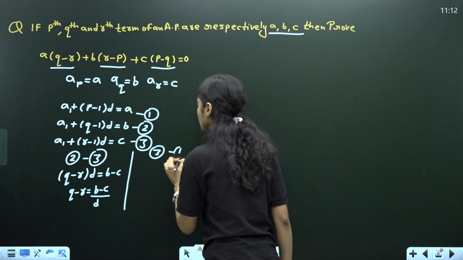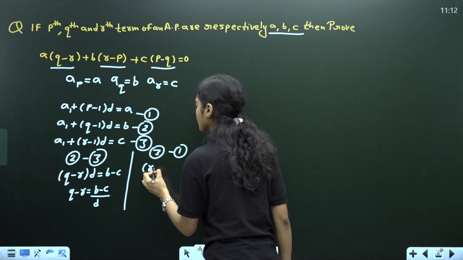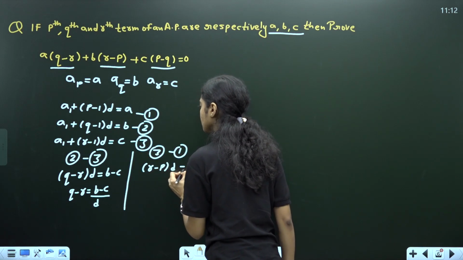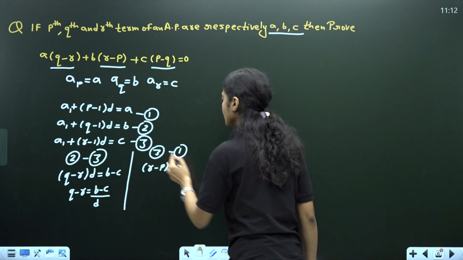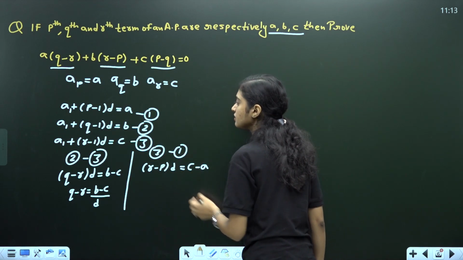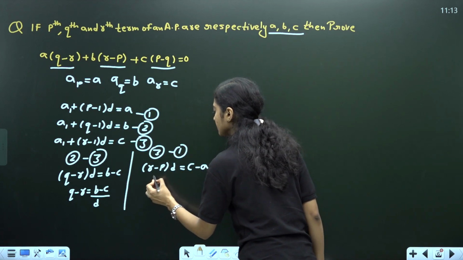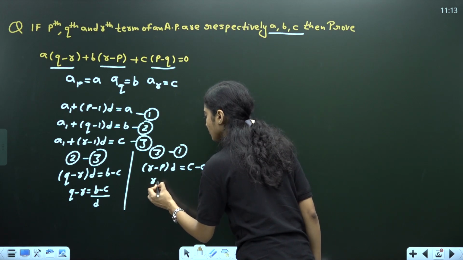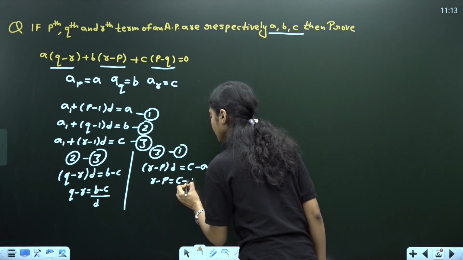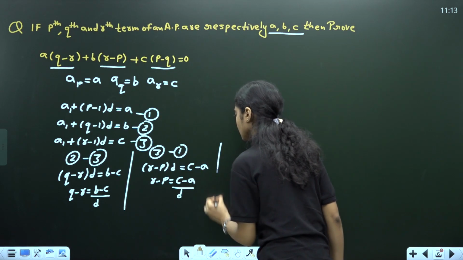subtract the first equation from the third: (r minus p) d equals c minus a, then r minus p equals (c minus a) by d.